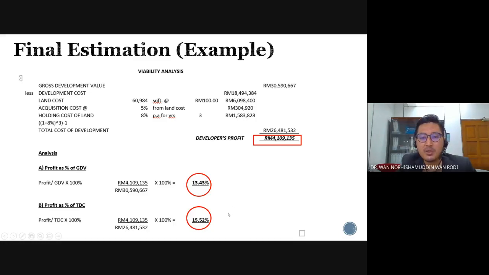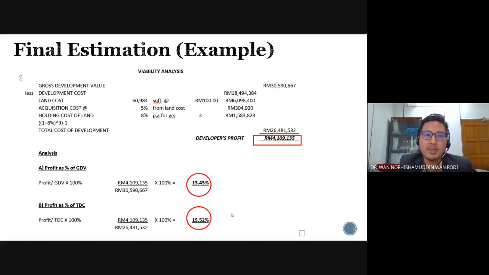is considered not very reasonable or viable in terms of ROI. So for every 1 ringgit spent, you generate only 15 cents. Supposedly for a good project, maybe you can generate around 60%, 50%, for example 40%. For 1 ringgit spent, you can get around 40 cents return on cost, or on investment of the project.